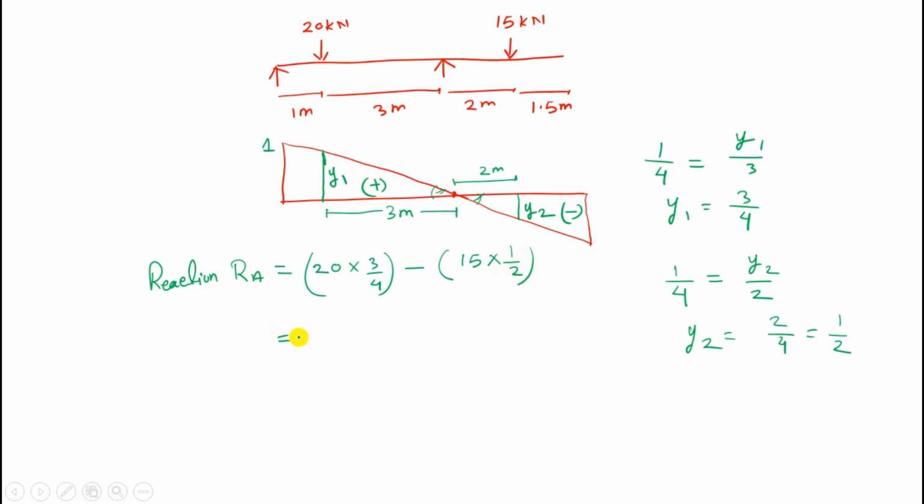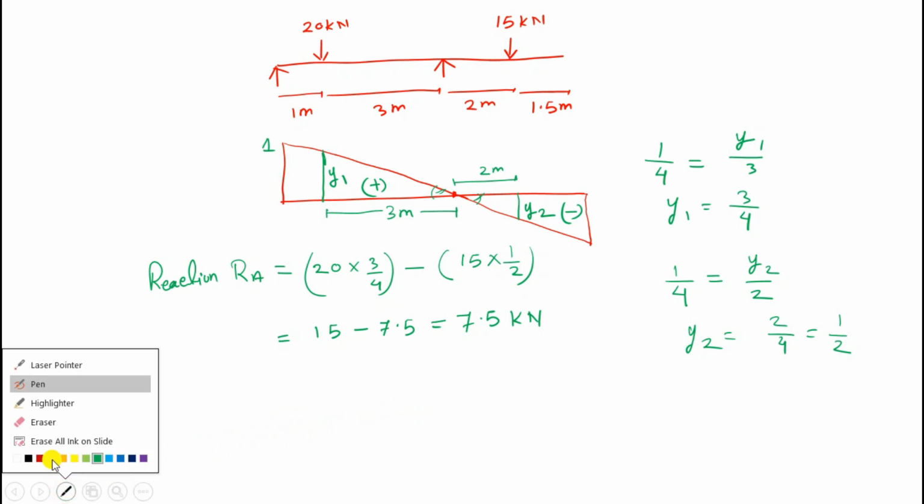So the answer will be 15 minus 7.5, that is 7.5 kilonewton. And what about the reaction RB?